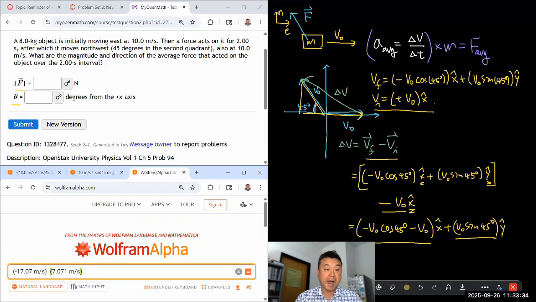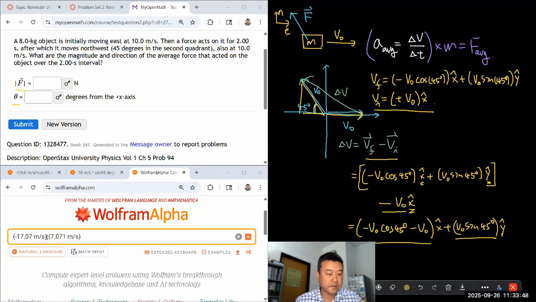And for the magnitude of the force, I need to get the magnitude of delta v, and actually I'm not done. I have to divide it by delta t to get acceleration, and then multiply by mass. Let me just do the whole thing here. First, let me get the magnitude of delta v. I use the Pythagorean theorem: x component squared plus y component squared, and then square root of the whole thing.